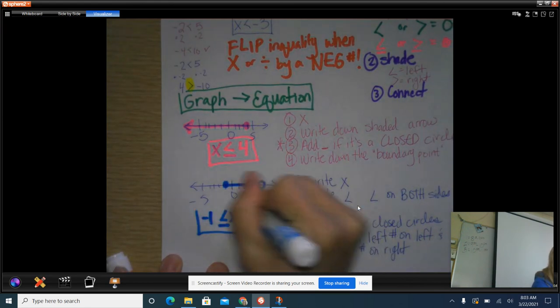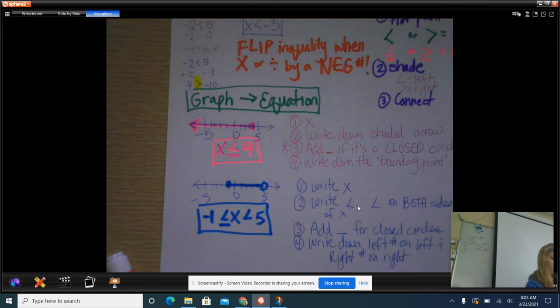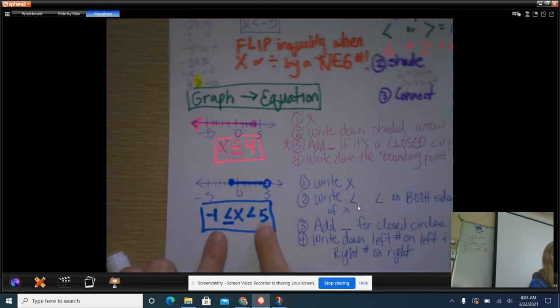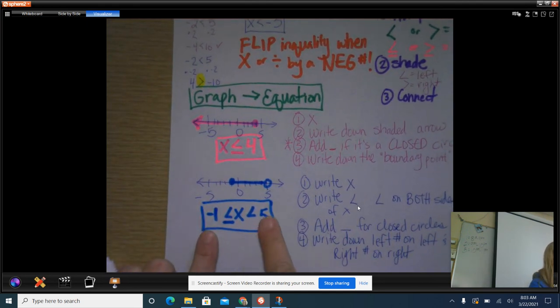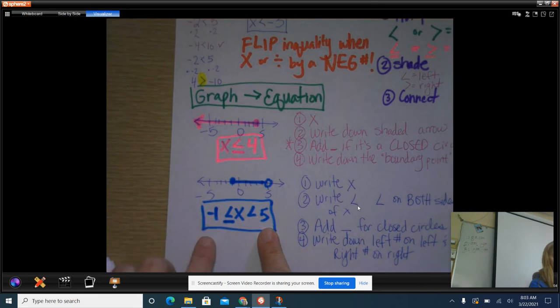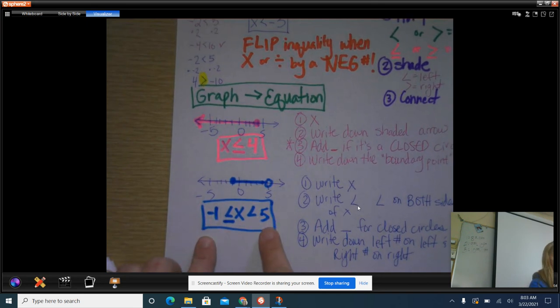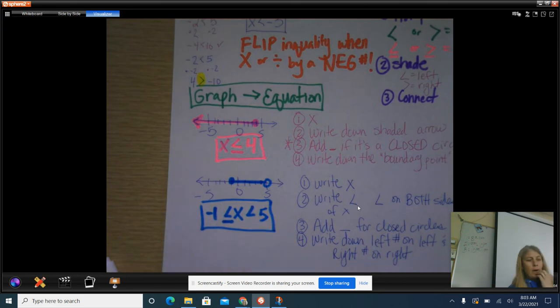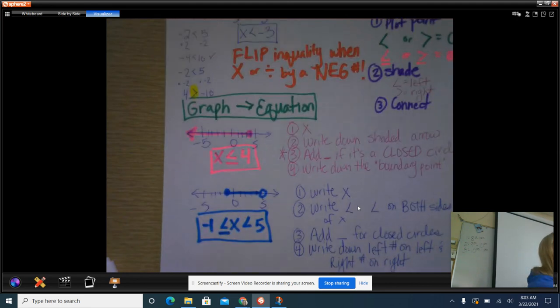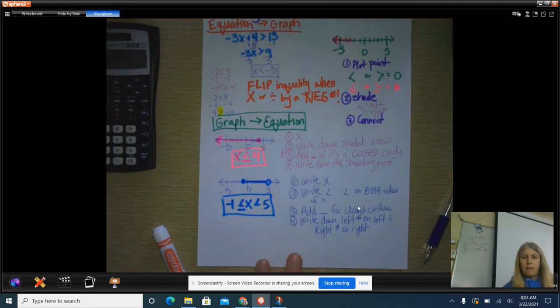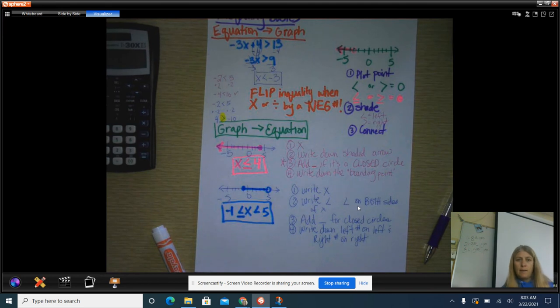And that is turning that graph into an inequality. And basically what this says is x is between the numbers -1 and 5, including -1, but not including 5. So that means I could plug in 4.9999 as my answer, but I couldn't plug in 5. 5 would make that an incorrect answer. So this, ladies and gentlemen, is our inequality basics, and we're going to go ahead and get some practice.